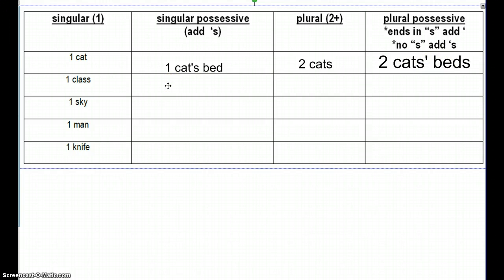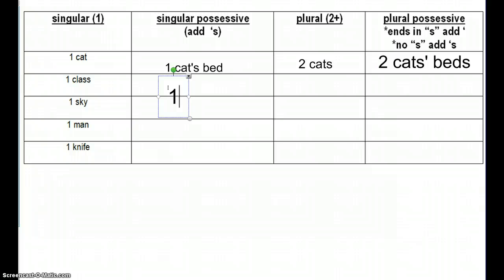Alright, next noun, class. We could classify this as concrete. We can see a class. It is a common noun. It is not capitalized. And it's also a collective noun, which we said names more than one in its singular form. If I'm talking about one class, you're already getting a picture in your head of more than one person sitting there.